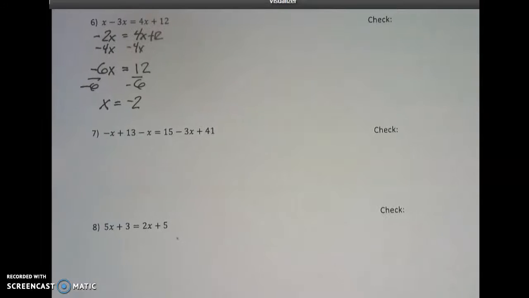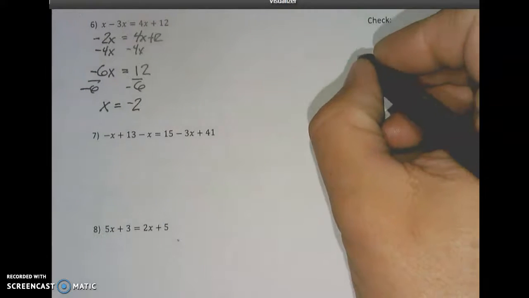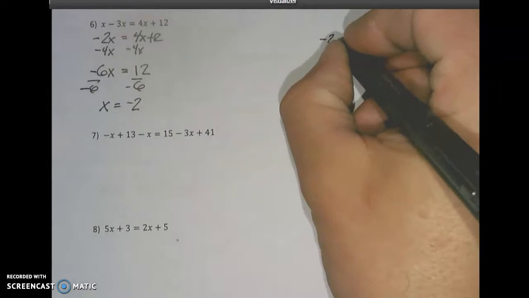So then we come over to here. Anywhere there's an x, I'm going to put -2.